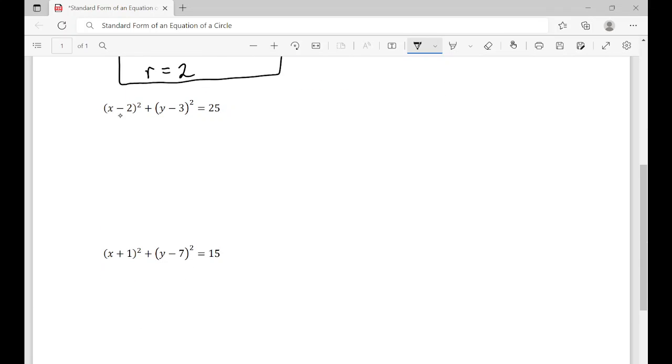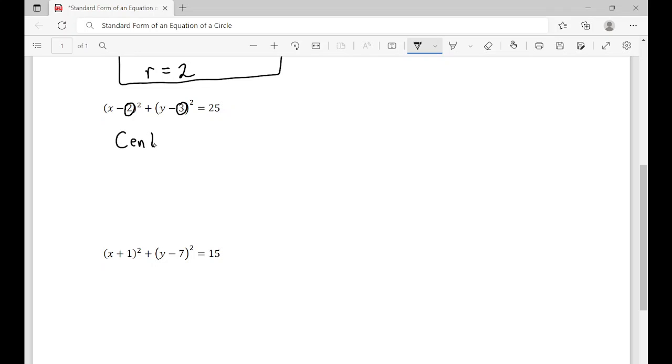Next we have (x − 2)² + (y − 3)² = 25. This time we actually have numbers for h and k. Since it is a minus here, we only really want the numbers themselves.